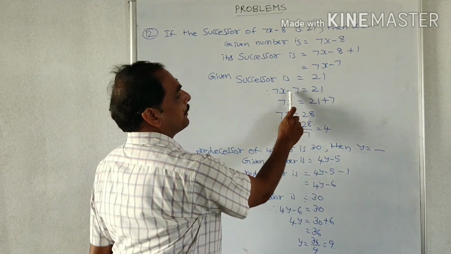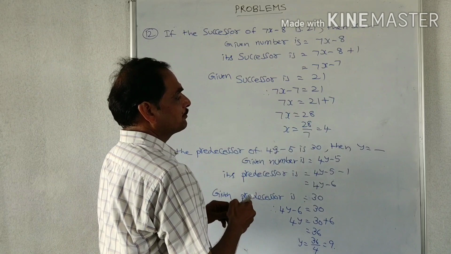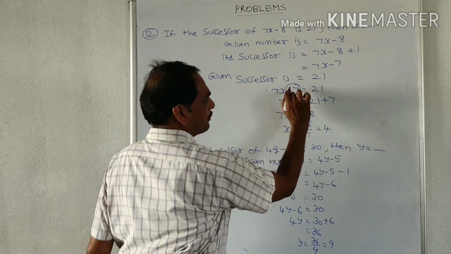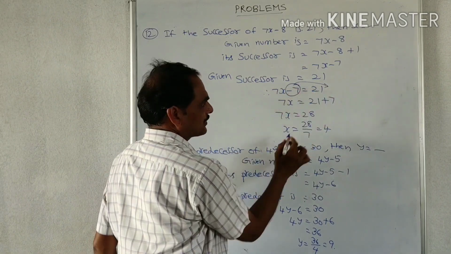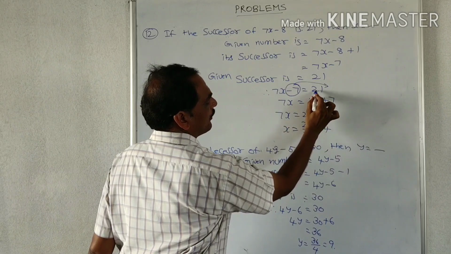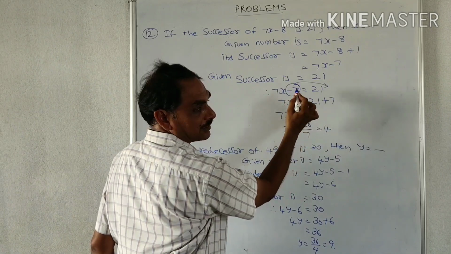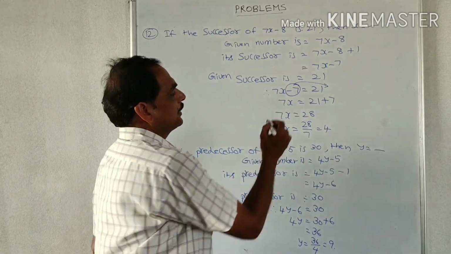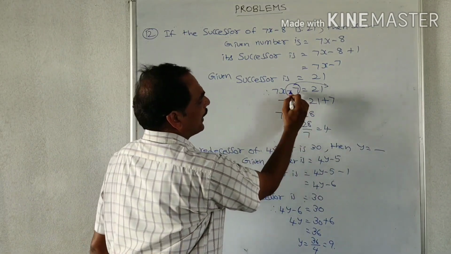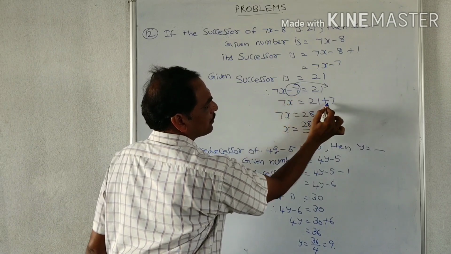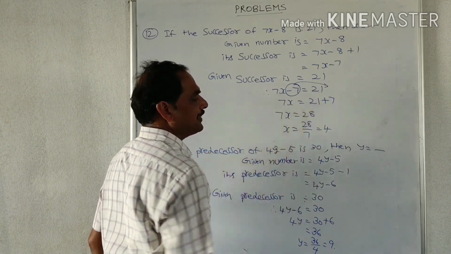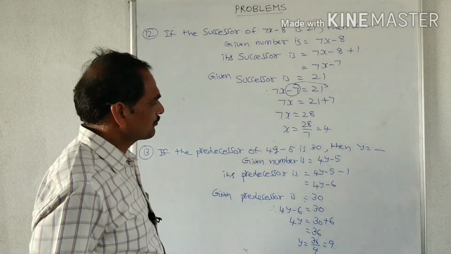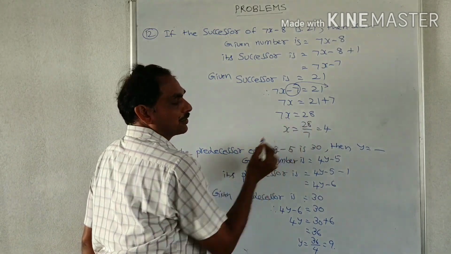So when we transpose minus 7 from LHS to RHS, its sign changes from minus to plus, so 21 plus 7 is 28. Now 7x equals 28.